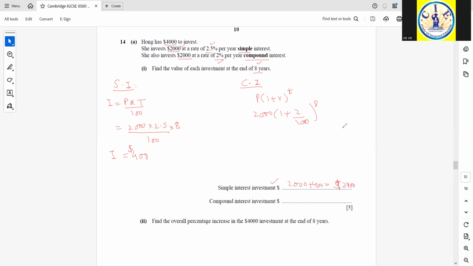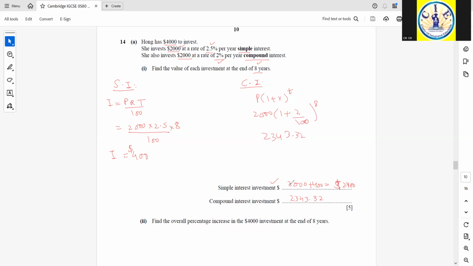That is going to be, using our calculator, 2343.32. So the investment is going to be $2343.32 for the compound interest investment.